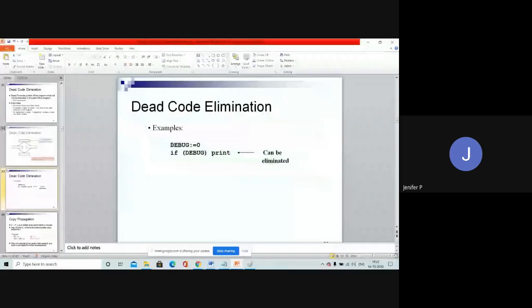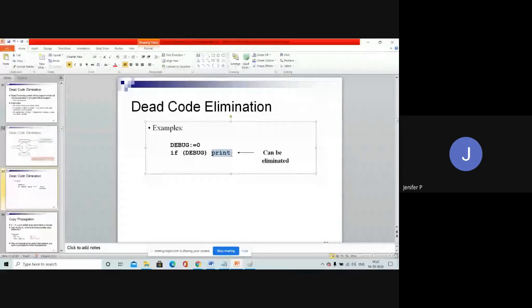See this example. Debug is a variable and it is initialized to 0. Consider there is no way debug has been changed to 1. Now consider this if block, if debug. So if debug means if 0. If it were true, this would be executed, the print statement would be executed.